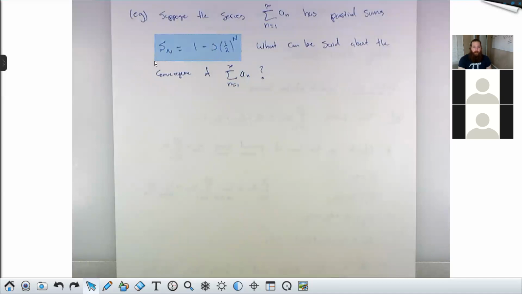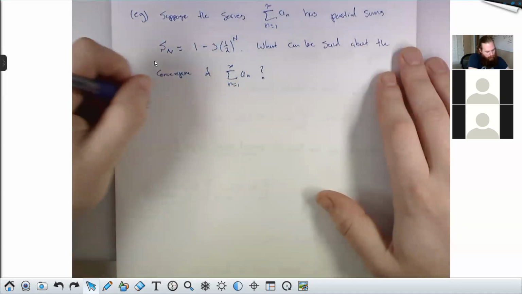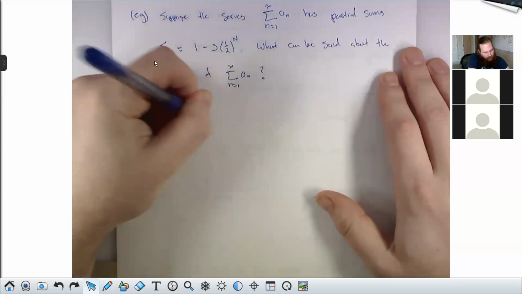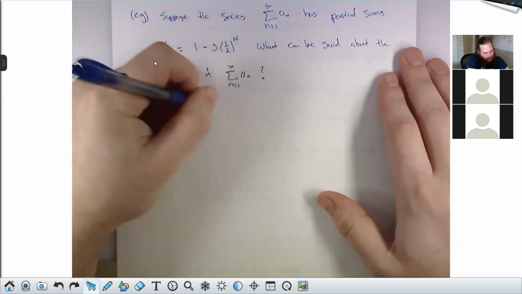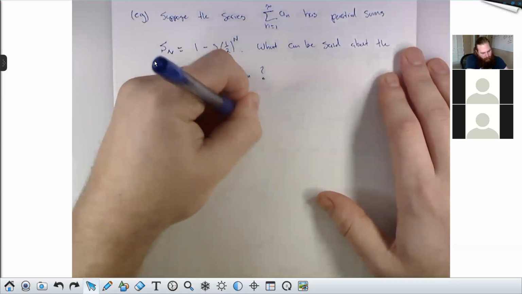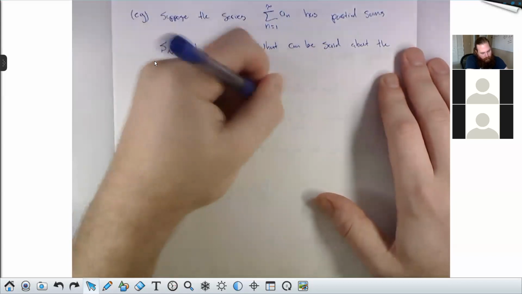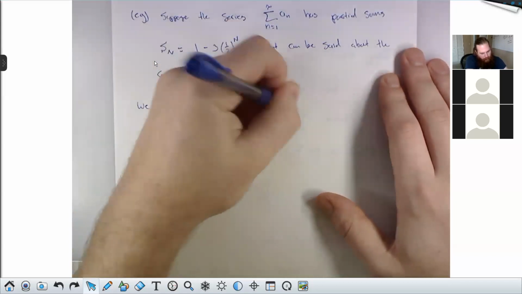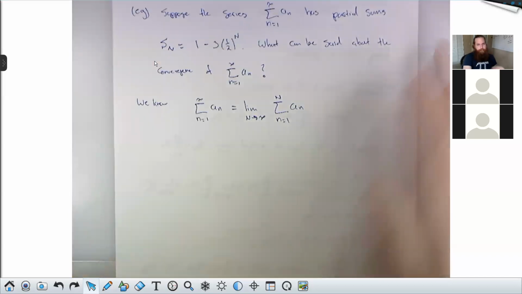Well, we have a formula for the nth partial sum. So we know that the series sigma 1 to infinity a_n is defined to be the limit as capital N goes to infinity of the little sum sigma 1 to capital N a_n.